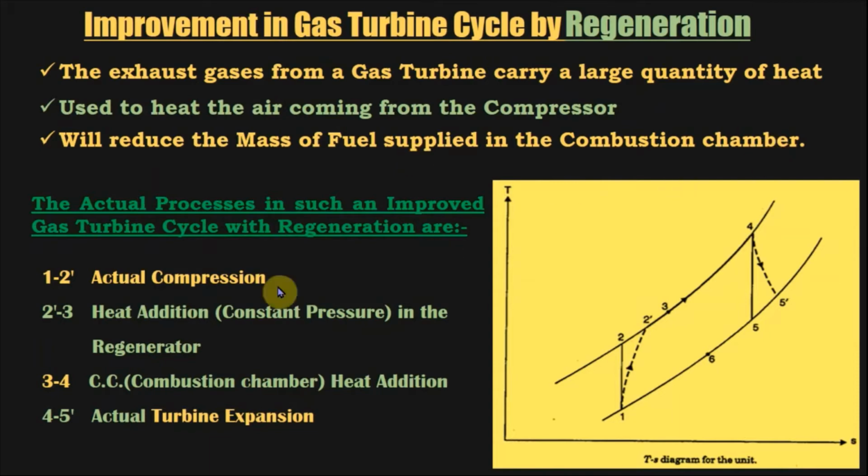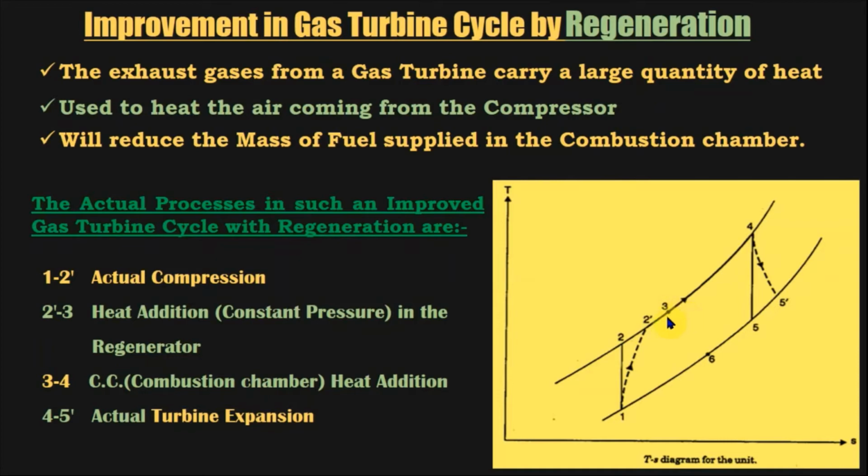So the processes now 1 to 2 dash is the actual compression, and 2 dash to 3 is the heat addition in the regenerator, and 3 to 4 is representing the combustion chamber heat addition, and 4 to 5 dash is the actual turbine expansion. Please note the temperature of air that is going into the heat exchanger, that is T2 dash. While coming out of the heat exchanger, before entering into the combustion chamber, its temperature is T3.